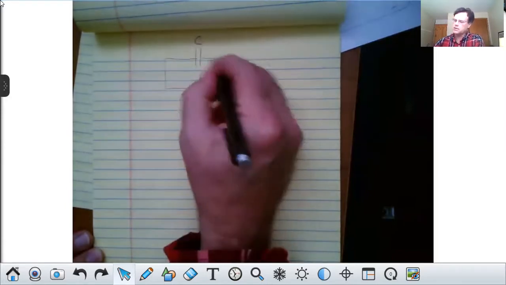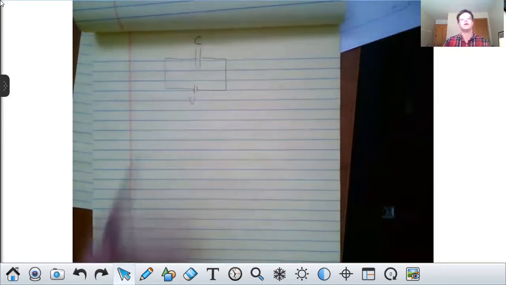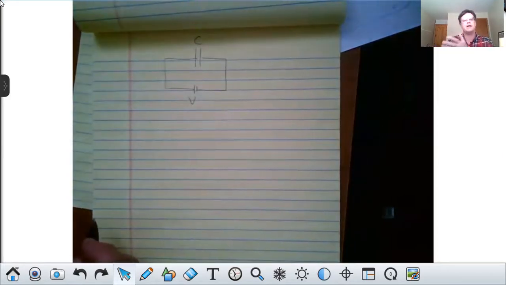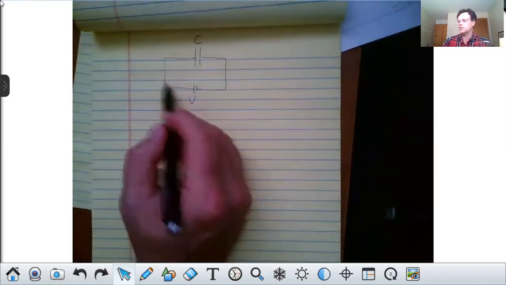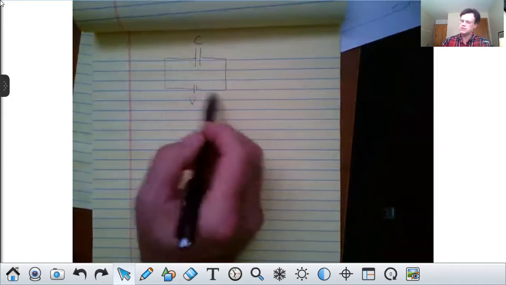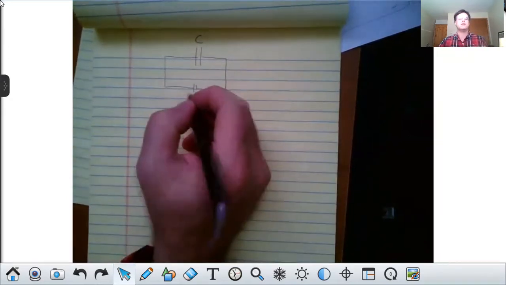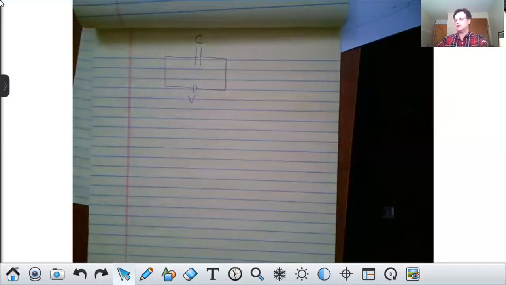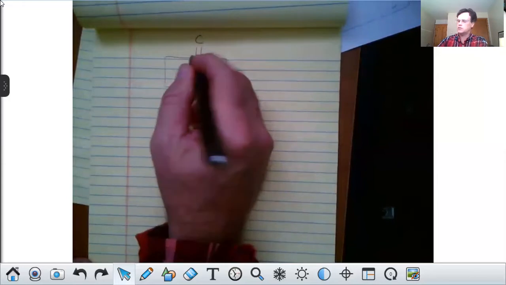So in our circuit, we have our battery and we have our capacitor. In reality, we'll find in the next chapter that there's also a resistance in these wires, or sometimes we even put a resistor in here. But mainly what we do is we charge up the capacitor by pushing charge from the voltage onto the plates, right?